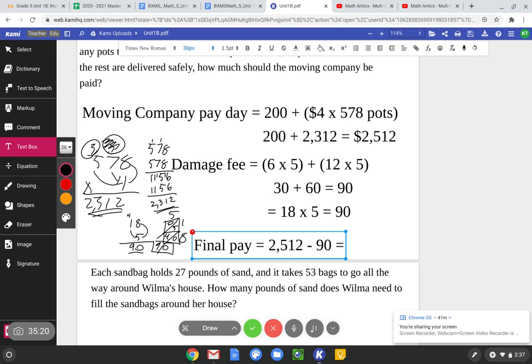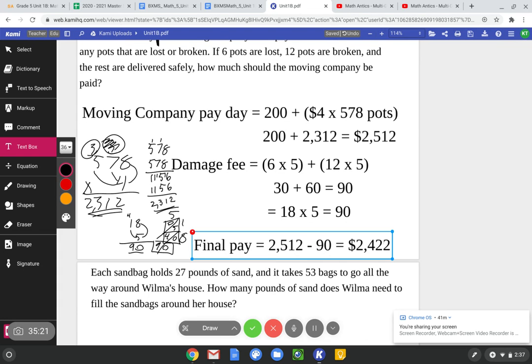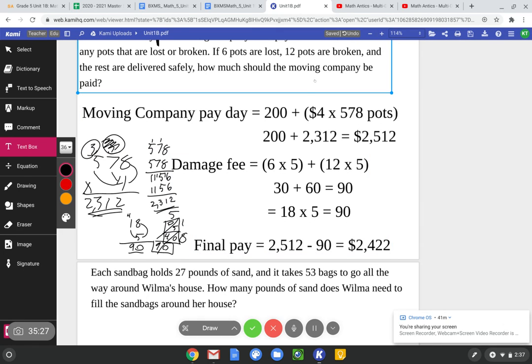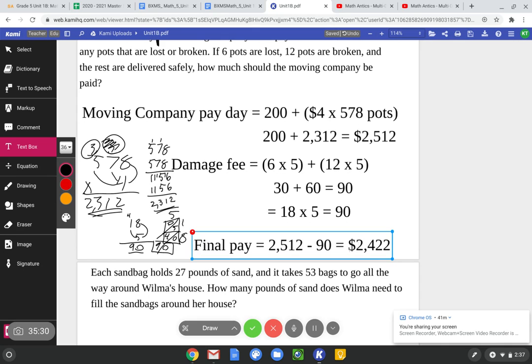That is going to equal, again, y'all, make sure you put the dollar sign on the test, that the moving company will receive $2,422.